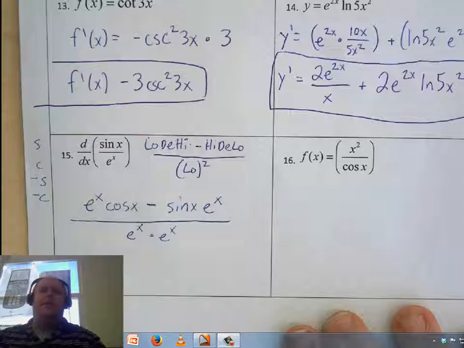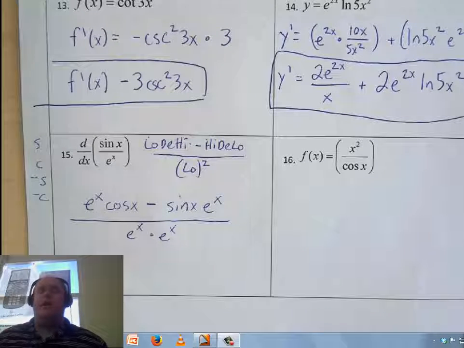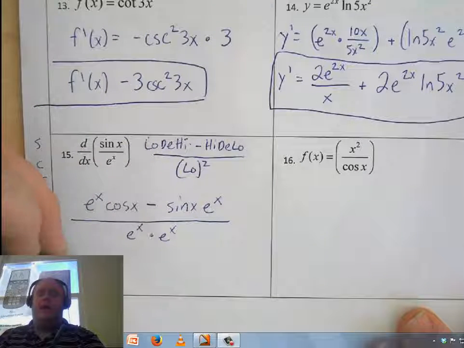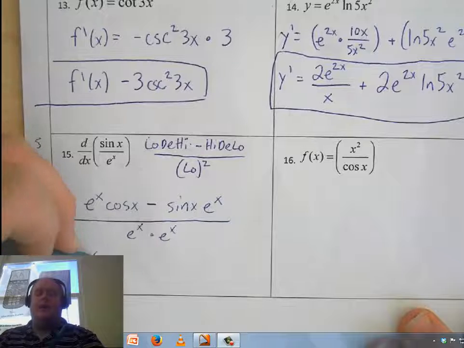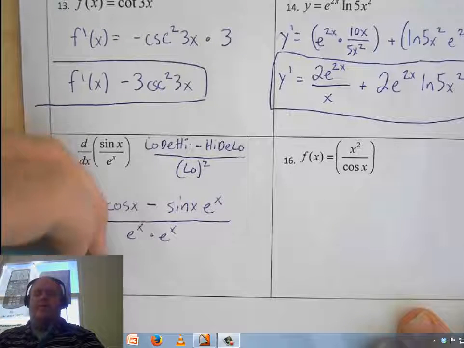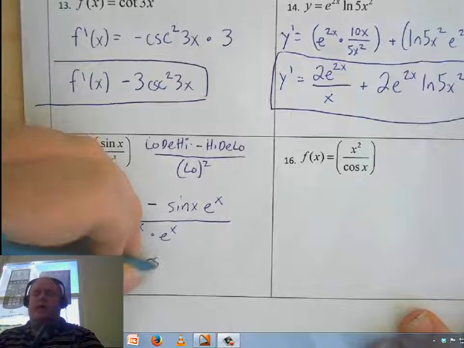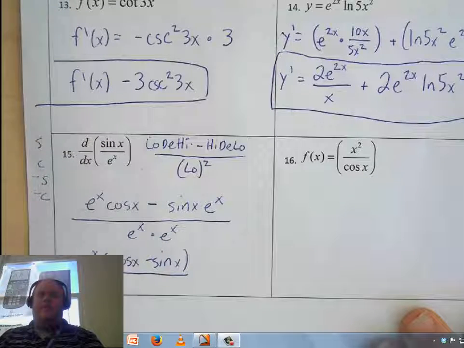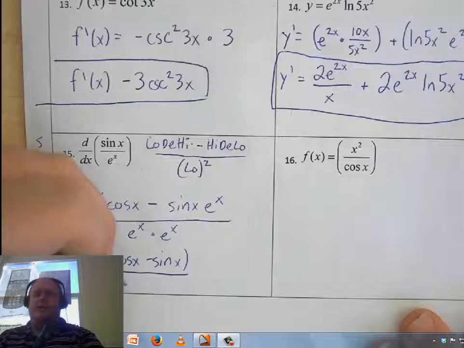it can be cleaned up a little bit. So just in case you have to clean it up sometimes on a multiple choice question, let's be able to do that. First of all, can't I factor an e to the x out of both the numerator and the denominator? I can. So if I do that, I get e to the x, and then I'm going to be left with cosine of x minus sine of x. Then on the bottom, I have e to the x times e to the x.